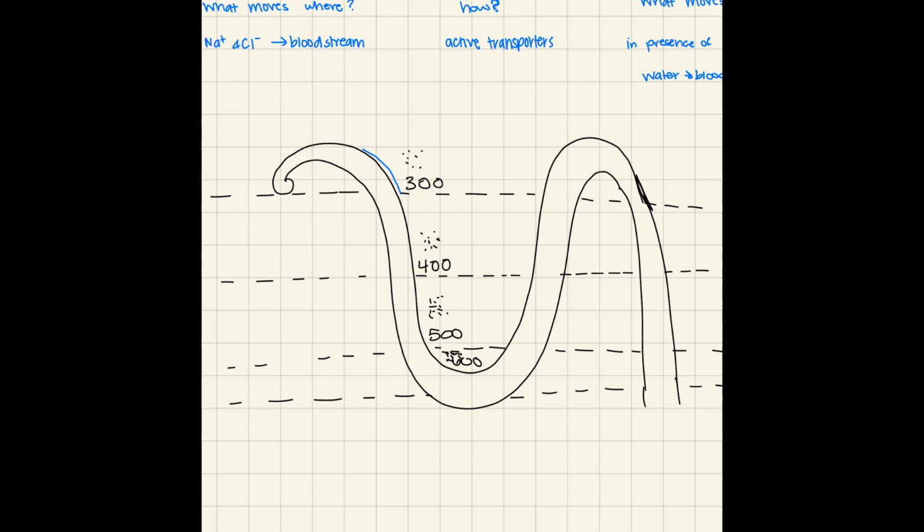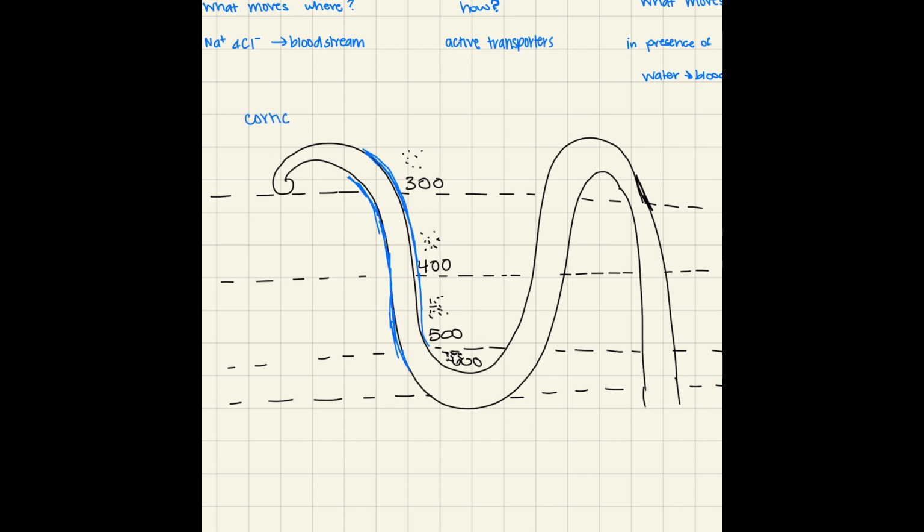We know that we're permeable to water all the way down the descending tubule. And that's actually the only place in the nephron, the proximal tubule and the descending tubule, where we're permeable to water all the time, right? So as we go down, this is a cortical neuron, by the way.